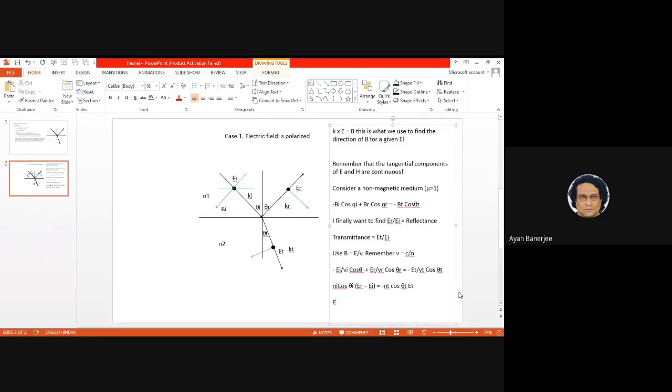So basically, we have to have EI plus ER equals ET. That has to happen, right? That is fine, isn't it? Yes. Then done. Now it's just very simple, right?